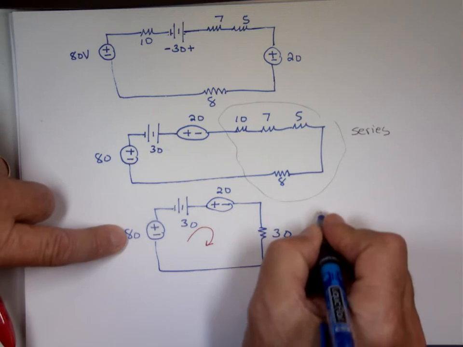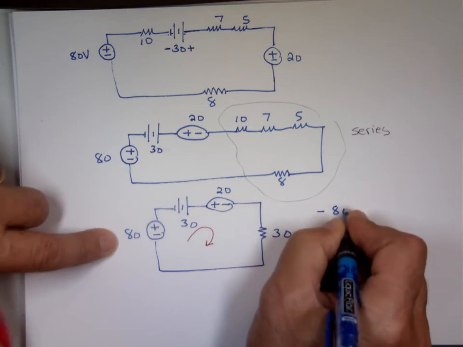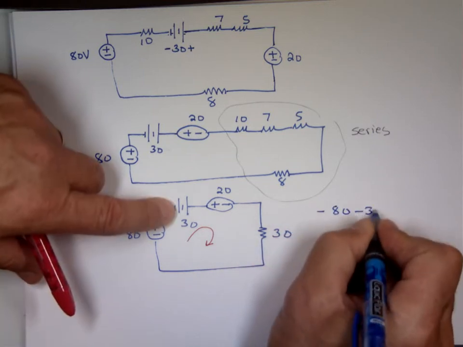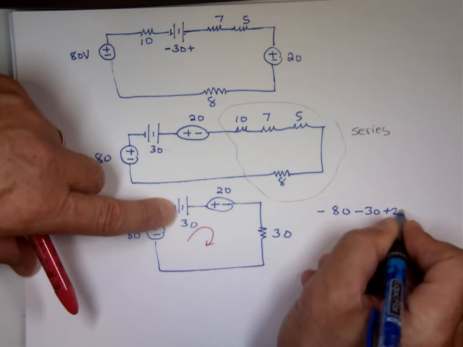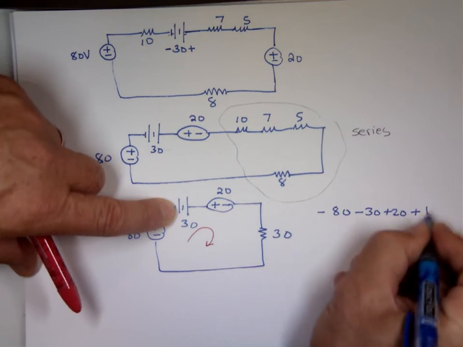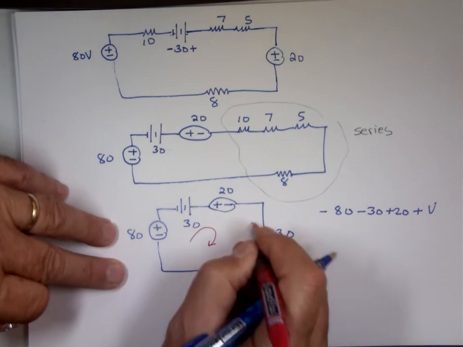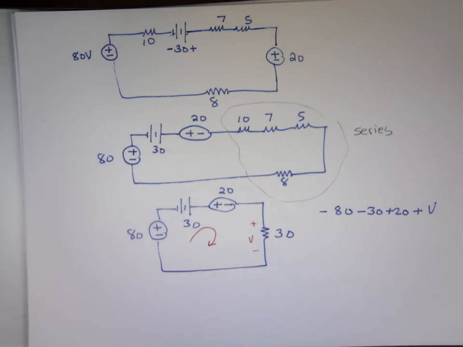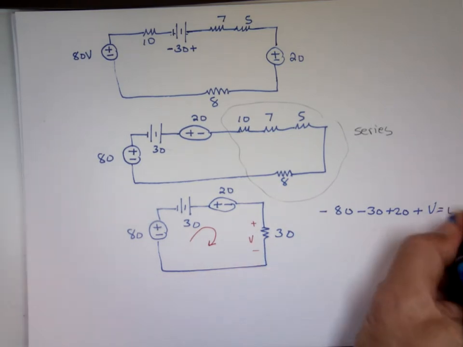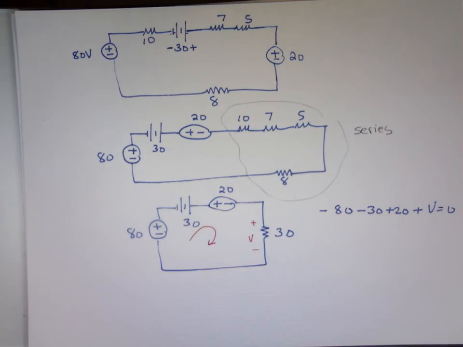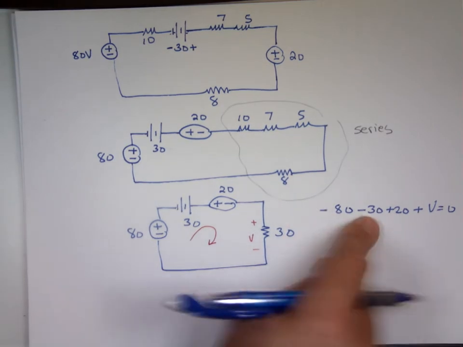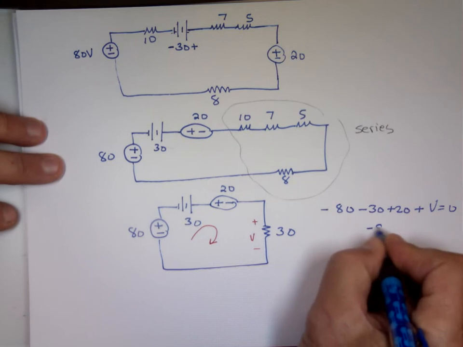Isn't that a minus 80 the way we do them? Minus 30 plus 20. I'm only interested in the sources. Plus the V here, we'll call that V. Can you combine the math here? What's minus 80 minus 30 plus 20? Is that a negative 90 plus V?